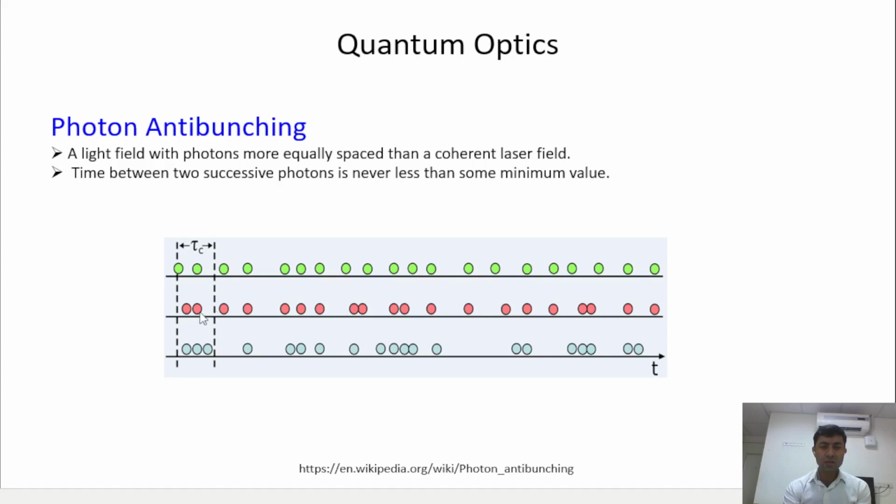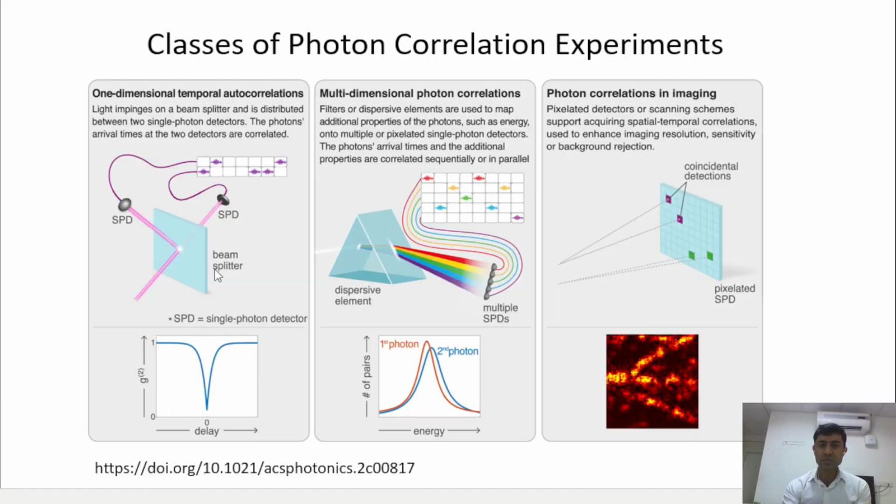Here the photons are not single, but are in pairs, and also dispersed. And this one shows bunching, that is in a thermal light field, where the photons are in collections. So we cannot expect single photons in these two cases. Only photon anti-bunching can provide us single photons.